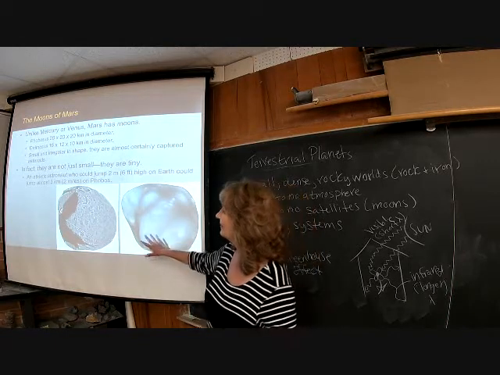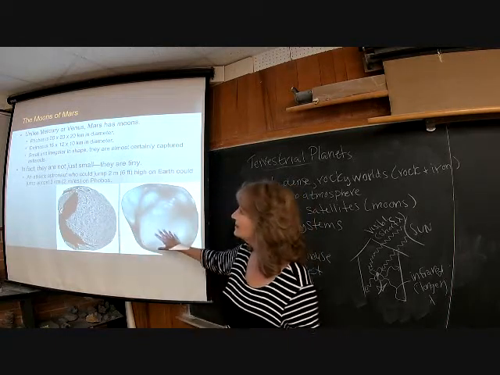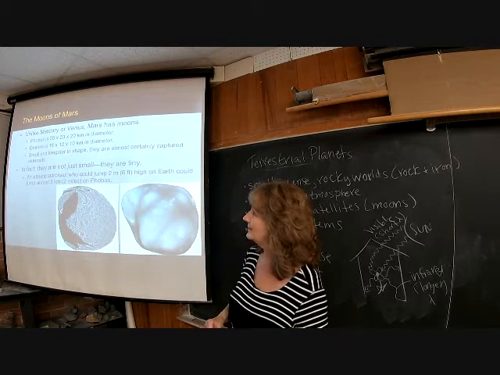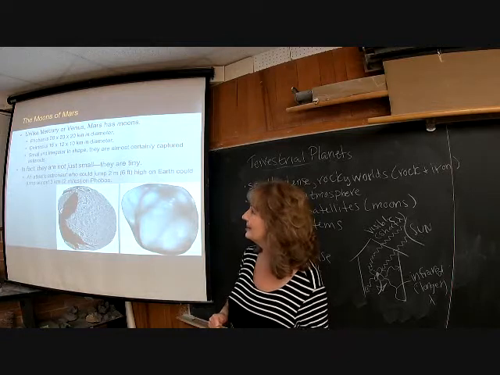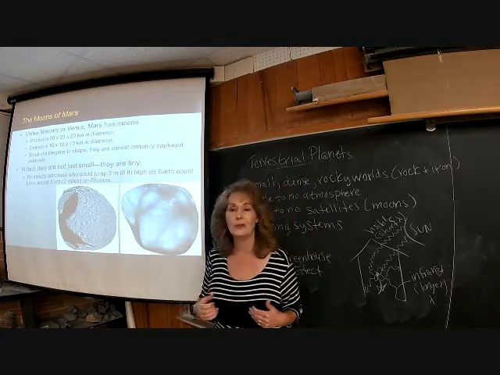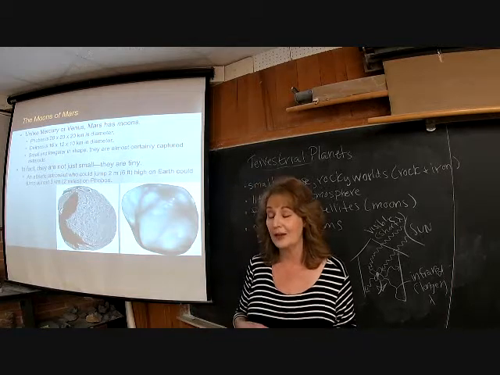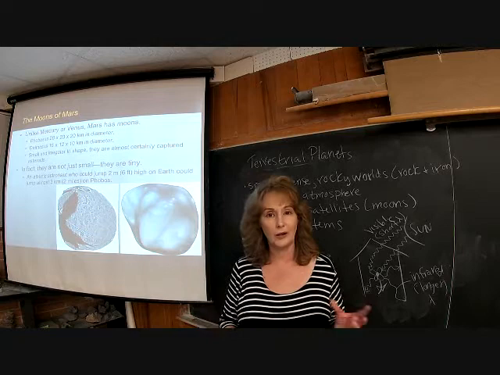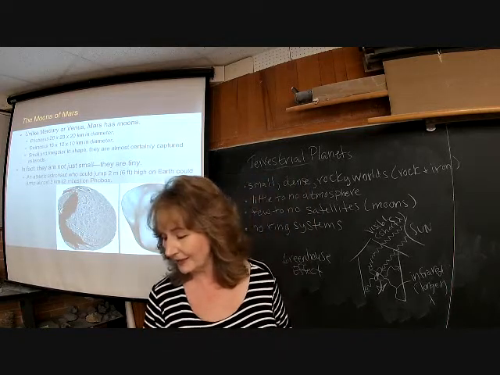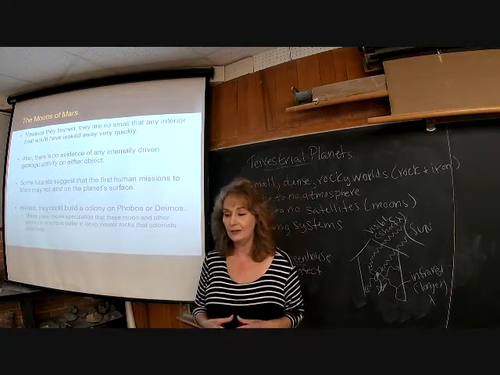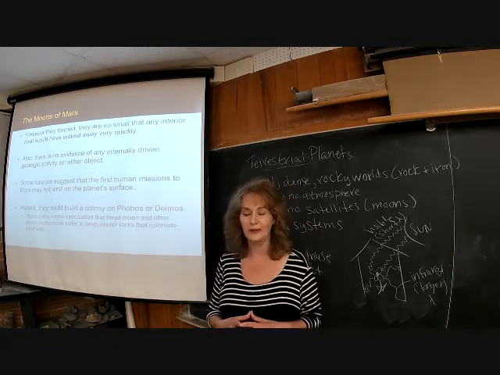They're not really large, 28 by 23 by 20 kilometers in diameter. So they're small and irregularly shaped, and their thought is that these were captured asteroids, which we'll find a lot of the larger planets do capture. This is far enough out that it could capture a couple of those, but they're very small.